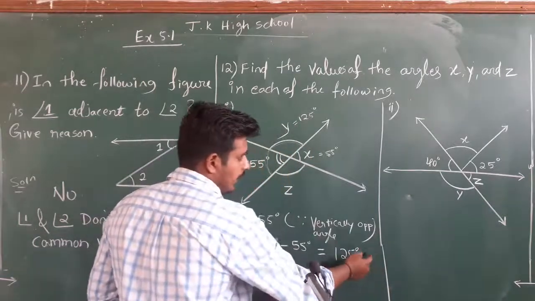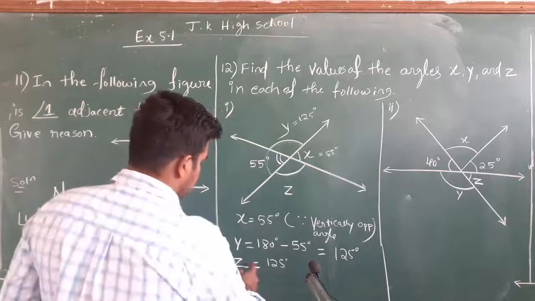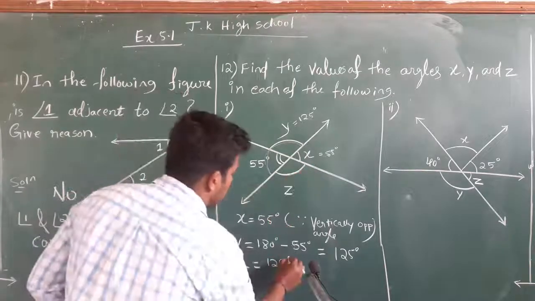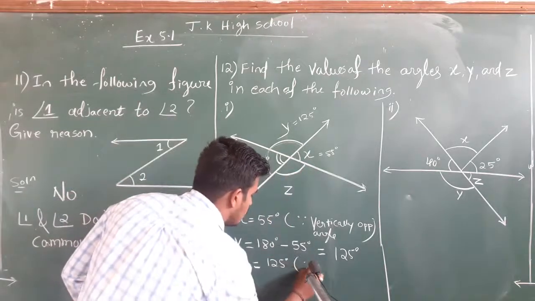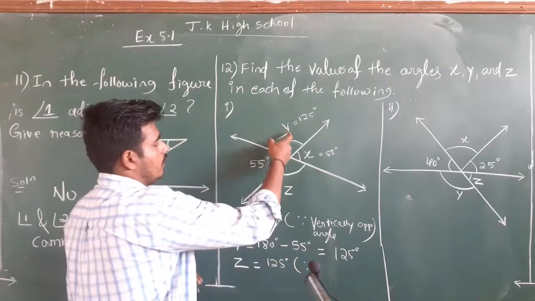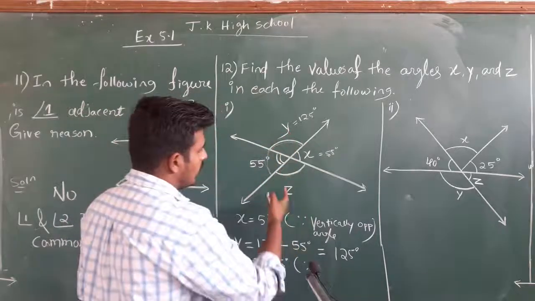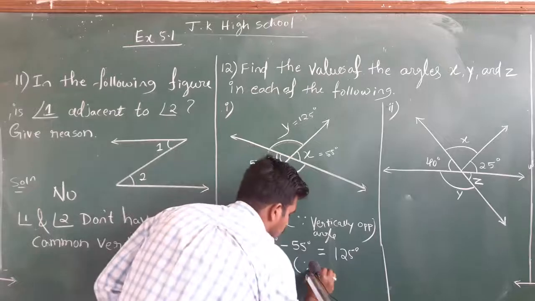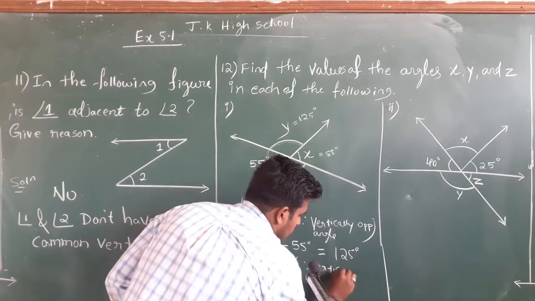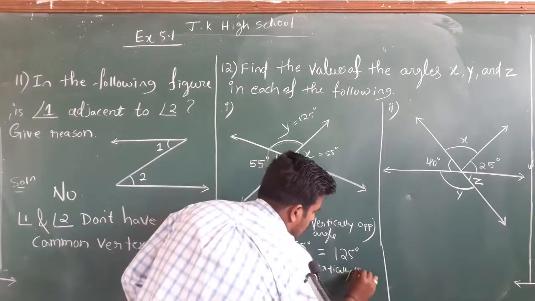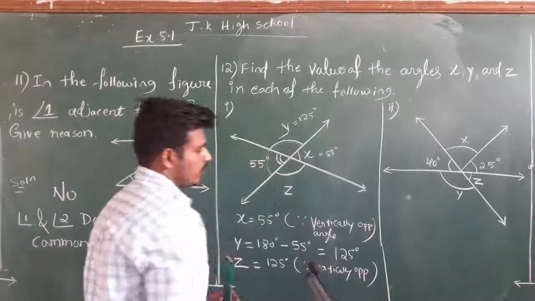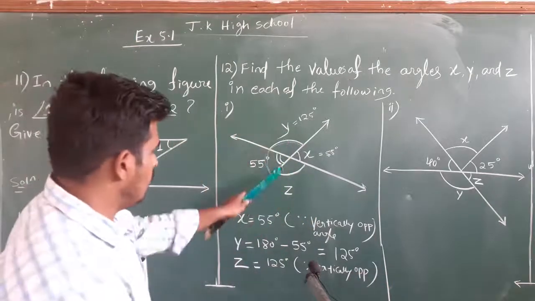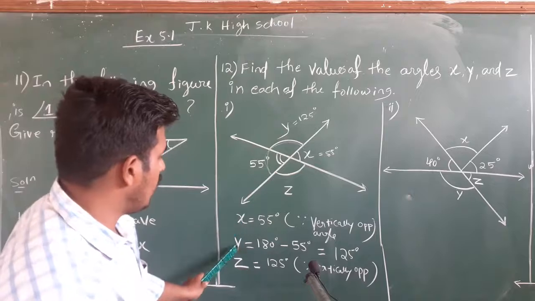In the bracket you can write the reason, because straight line. Here z is also equal to 125 degree because vertically opposite to y.